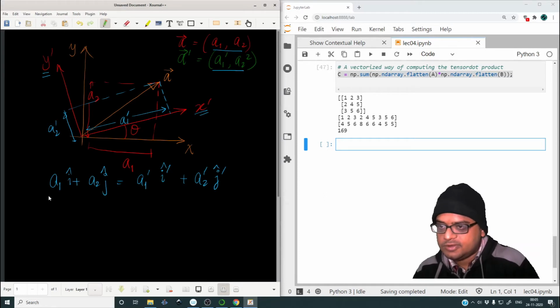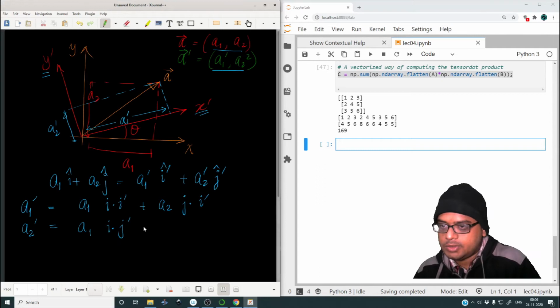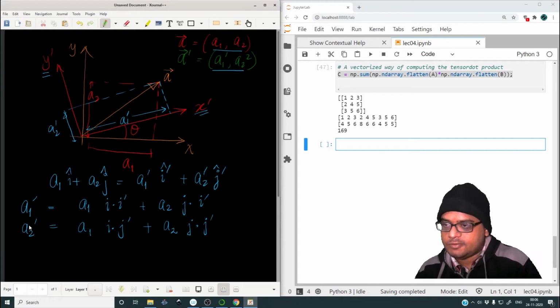So now let us take a dot product of everything with i prime. So a1 prime is a1 i dot i prime plus a2 j dot i prime. Similarly, a2 prime is equal to a1 i dot j prime plus a2 j dot j prime, where we have made use of the fact that i prime dot j prime is equal to 0.